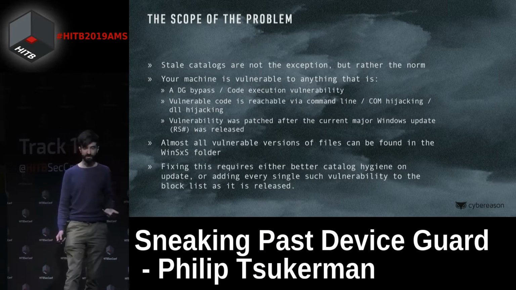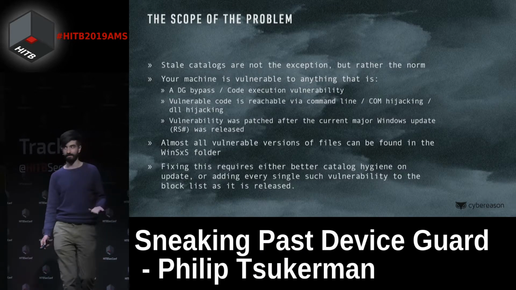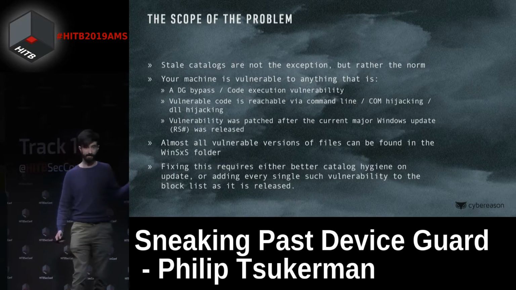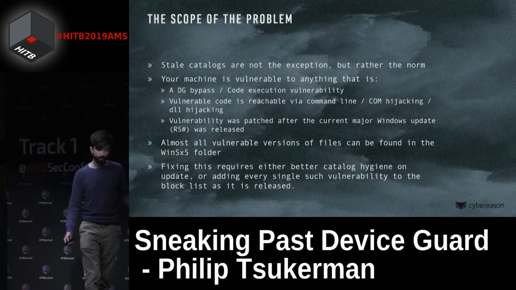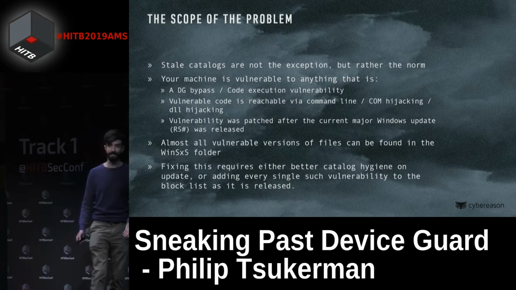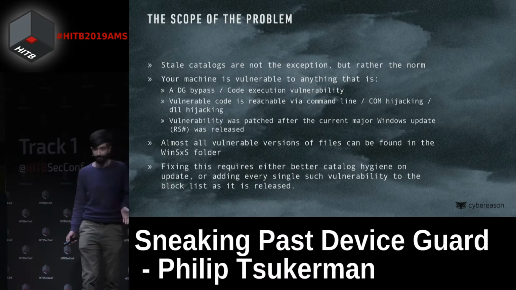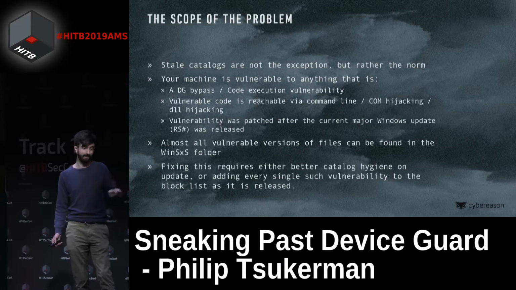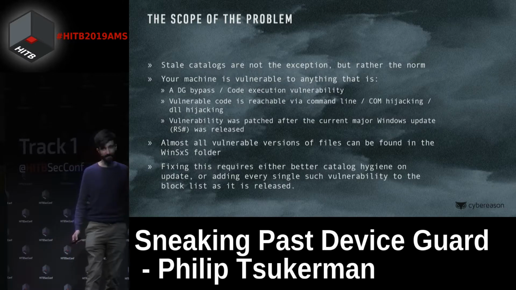So this problem is not only relevant to JScript 9 and my vulnerability and those two that I showed in the slide, but rather, well, let's say I have my Windows 10 1803 machine, which was updated to this in April 2018.